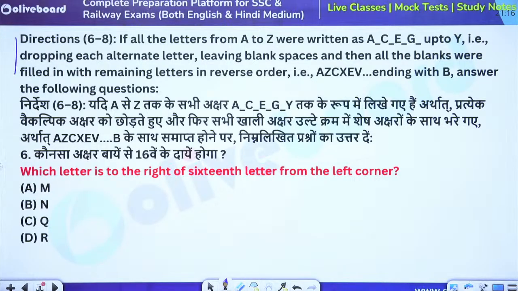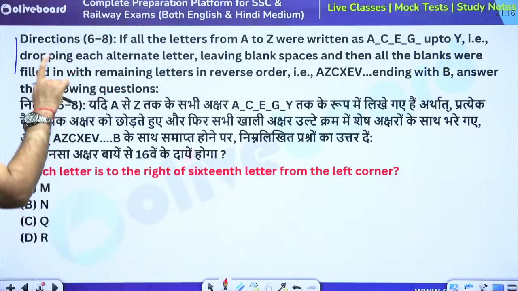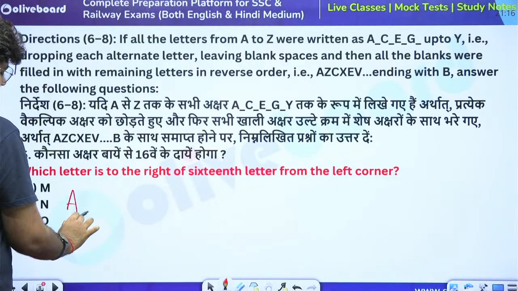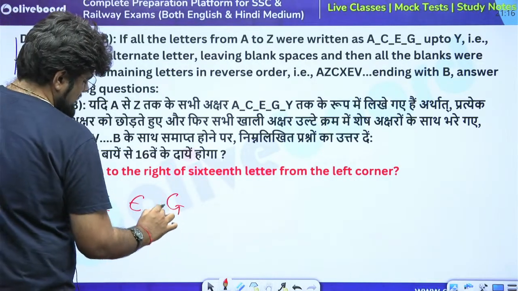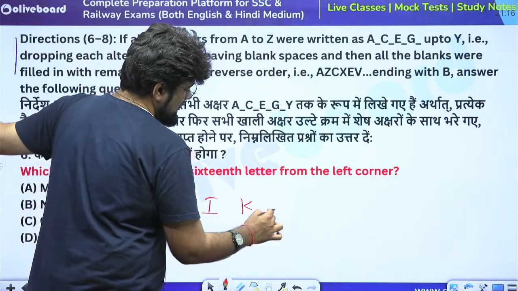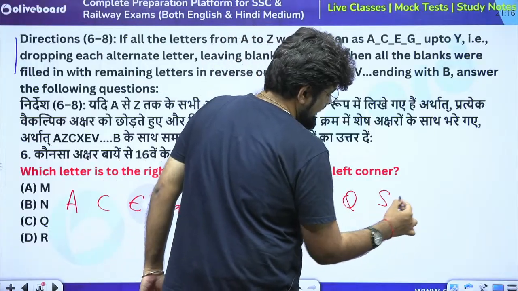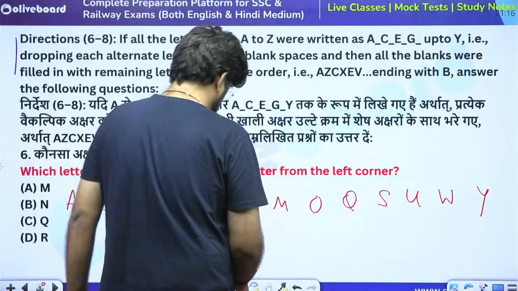If all the letters from A to Z were written like this, so we are only writing odd letters up to Y. So write the odd letters first. So A, C. So 1, 3, 5, 7, 9, 11, 13, 15, 17, 19, 21, 23, 25. Right?